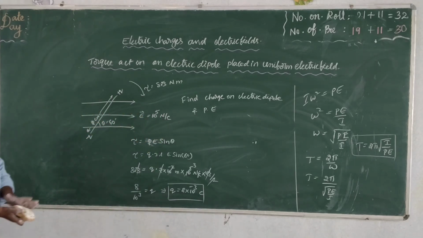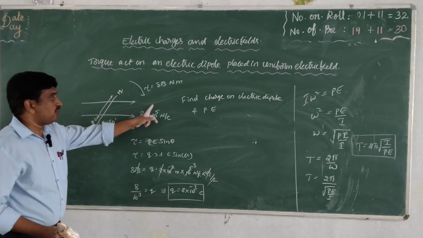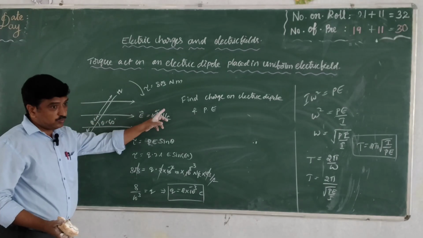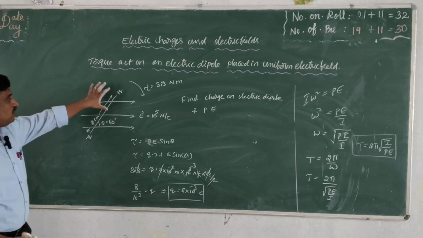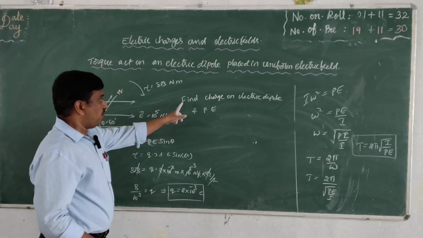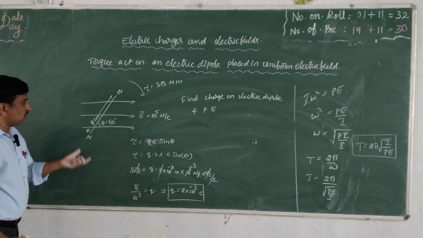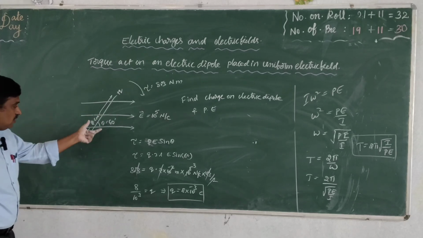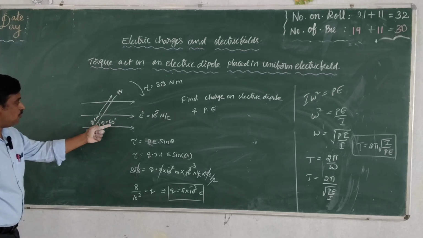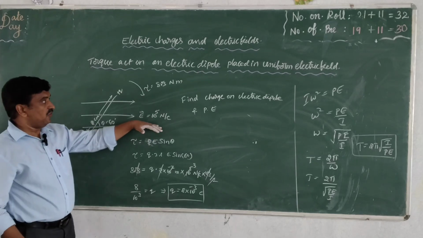Once again, the electric dipole is placed in the uniform electric field of 10 power 5 Newton per coulomb, and the torque acting on it is tau equal to 8 root 3 Newton meter. We have to find the charge on the electric dipole and the potential energy. For that they give some information: the angle is 60 degrees, the dipole length is 2 centimeter, and the electric field and torque are given.